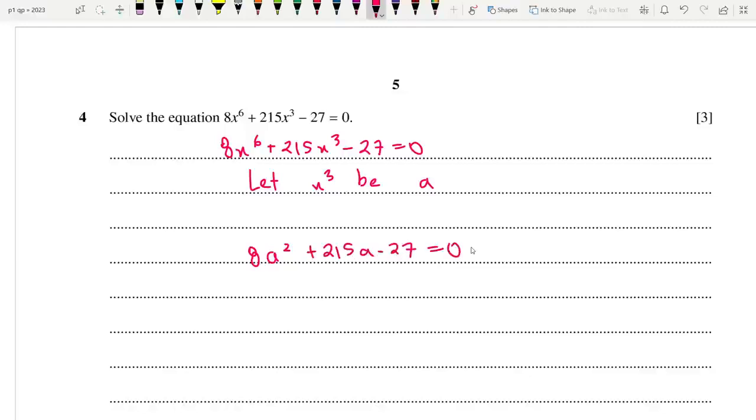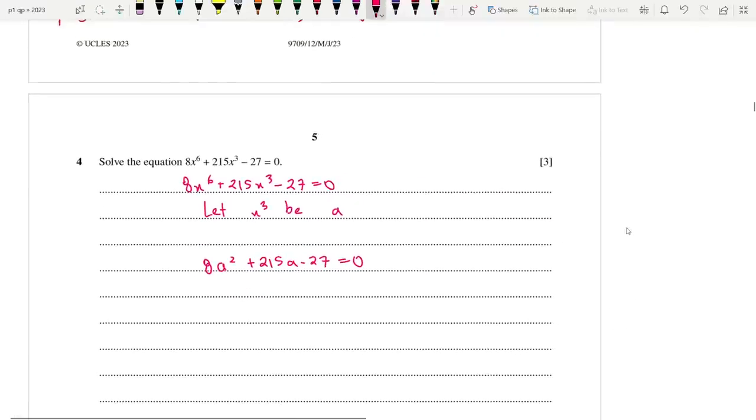So if you put it in the calculator, 1 by 8 and minus 27. You should show the middle term breaking, or you can use a general formula if you want. 8 times 27 is 216. Okay, so this is 215, right? So isn't it pretty straightforward?